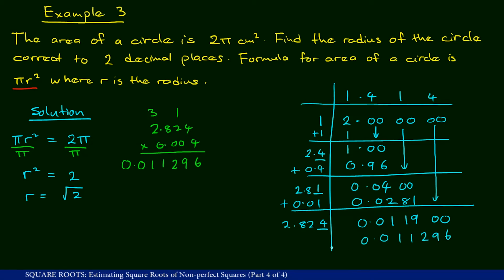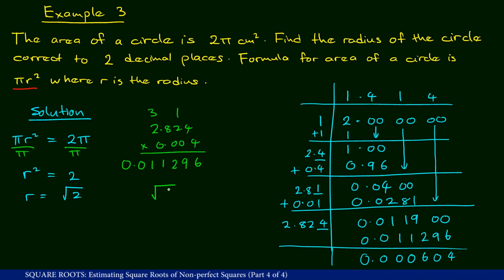Okay, this is good because it is less than the remainder. So the new remainder is going to be 406,000.0. Okay, that's how far we need to do it.